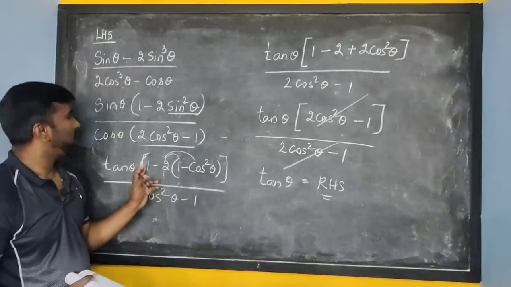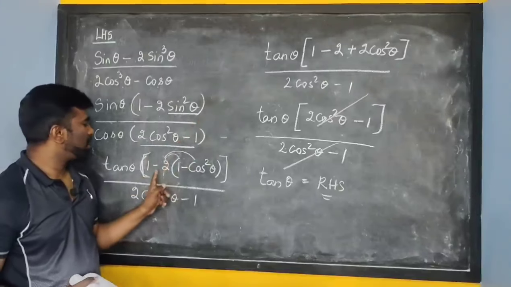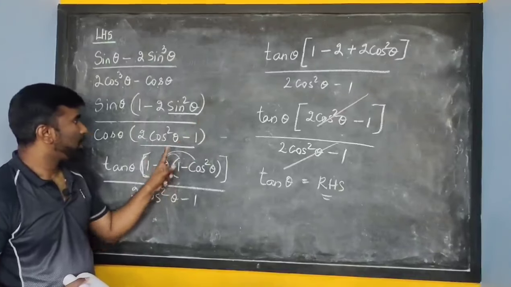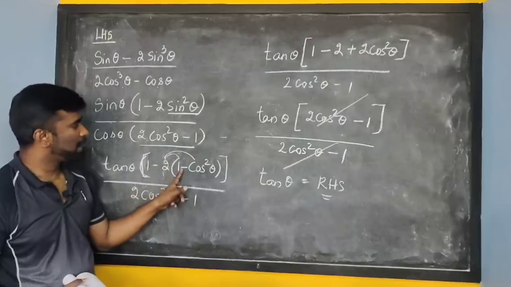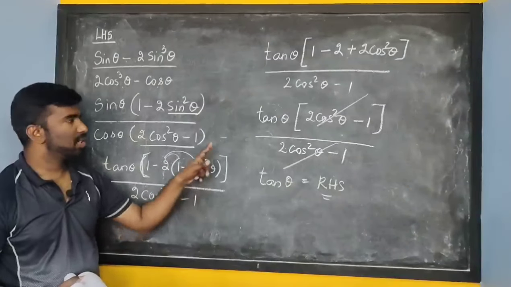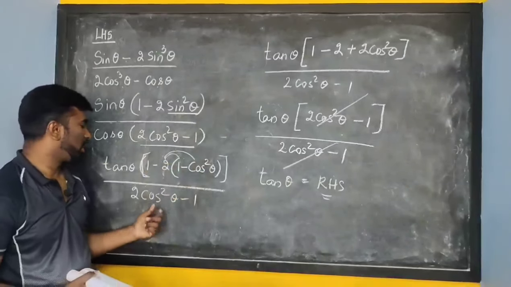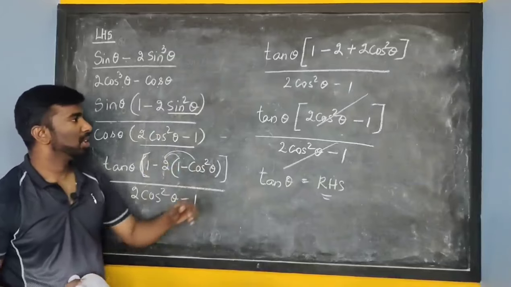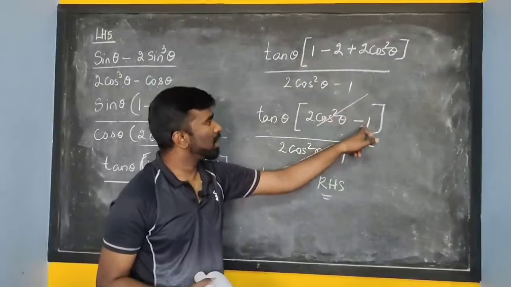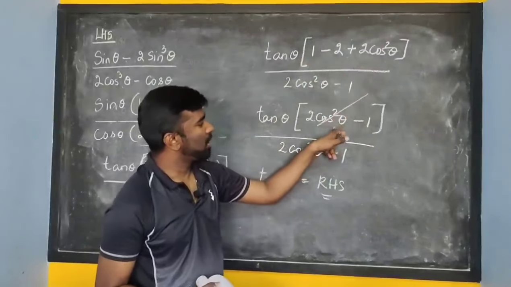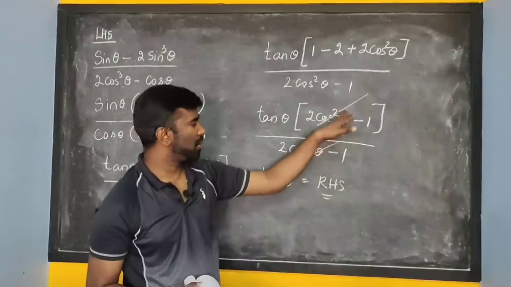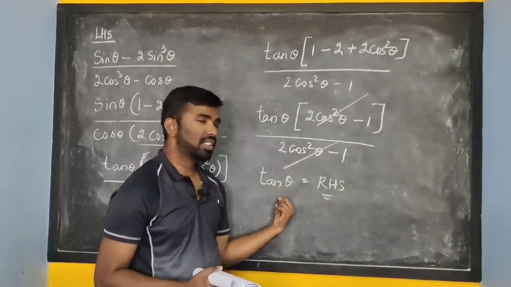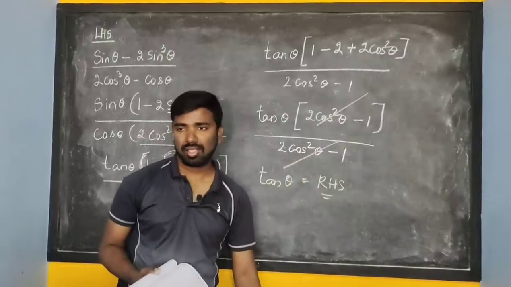Now tan theta into 1 minus, minus into minus plus, 2 ones are 2. In the same way, minus into minus plus, 2 into cos square theta is 2 cos square theta, divided by 2 cos square theta minus 1. Now 1 minus 2 is minus 1, 2 cos square theta as it is. Now 2 cos square theta minus 1 and 2 cos square theta minus 1 will cancel out. What I get is tan theta, which is equal to RHS.